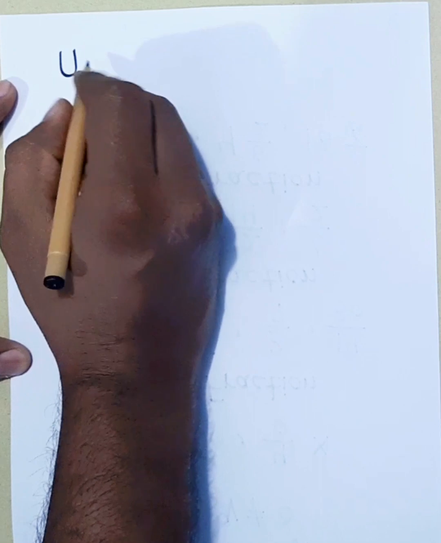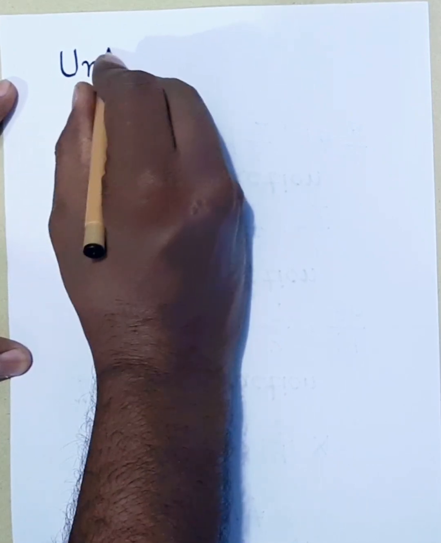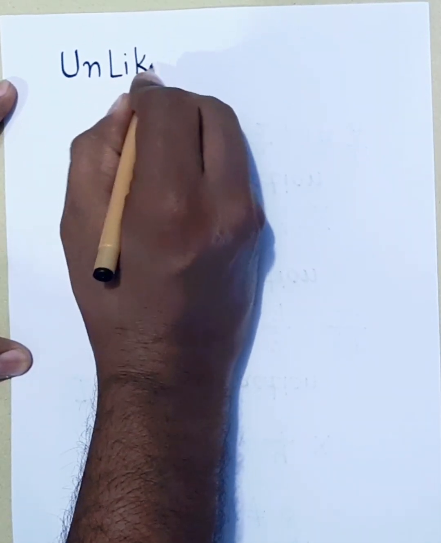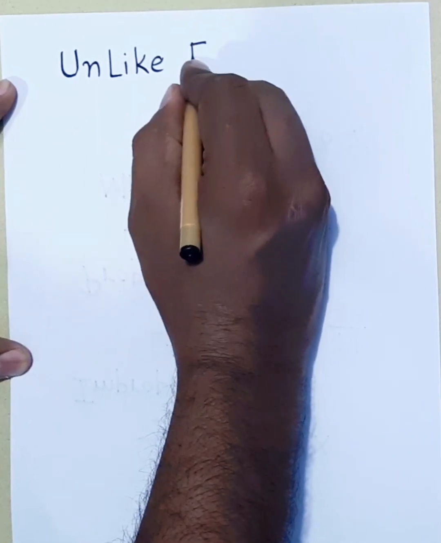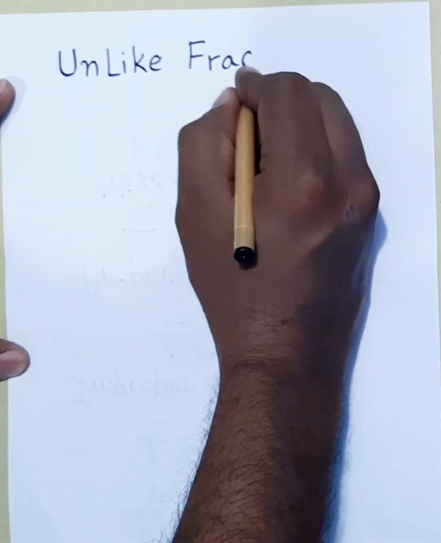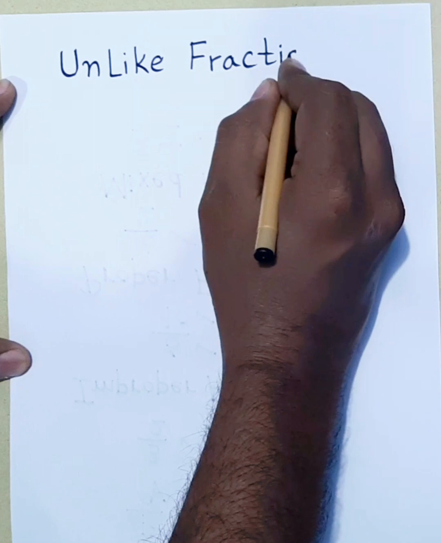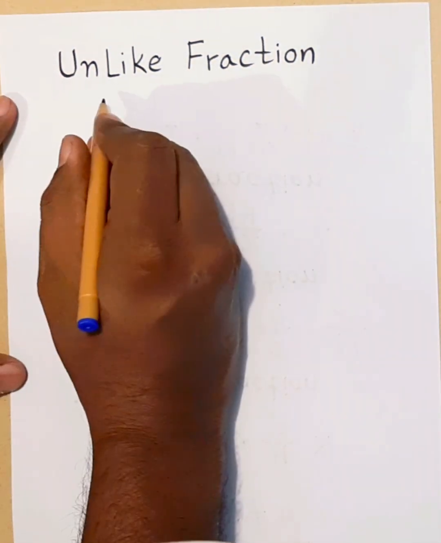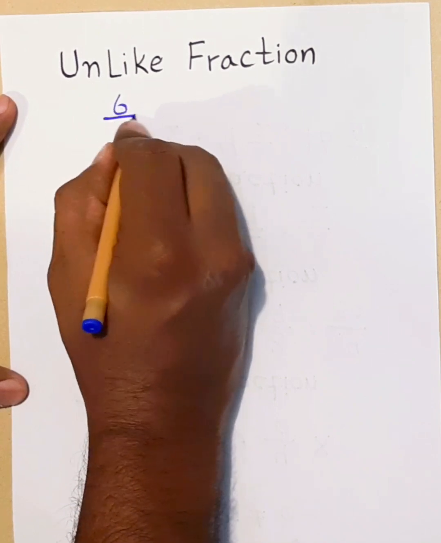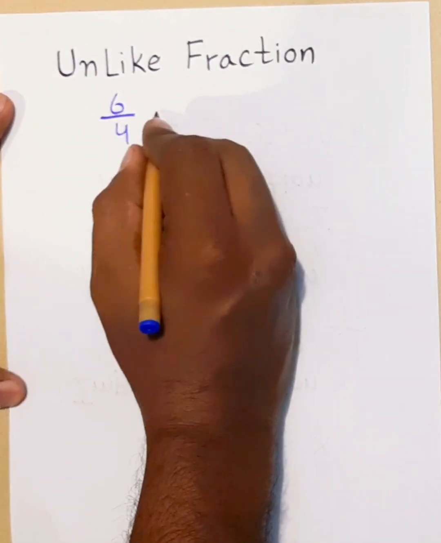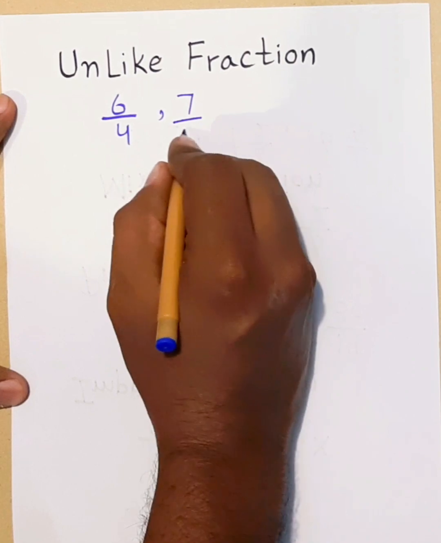Okay, I am explaining more types, like unlike fractions. So what are unlike fractions? Very easy. This is not new to you. So we make a heading for you. For example, we have 6 upon 4 and 7 upon 2.